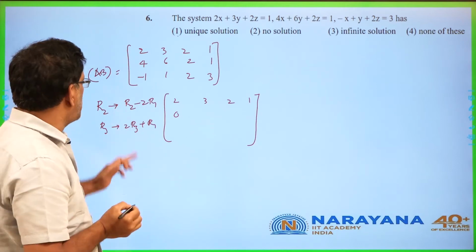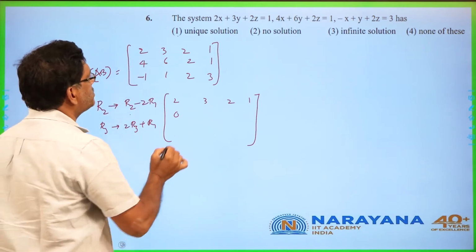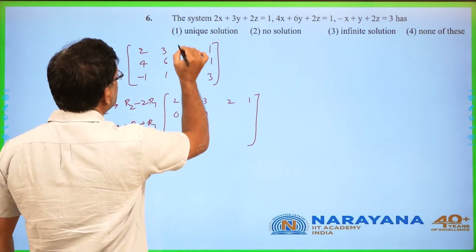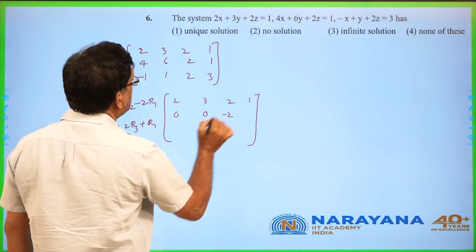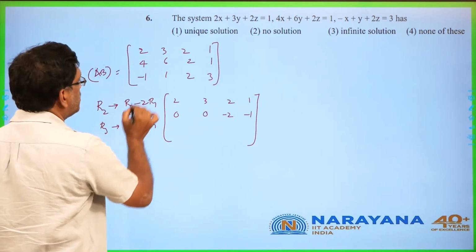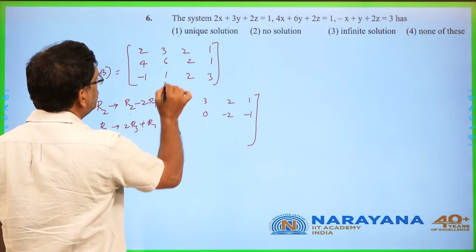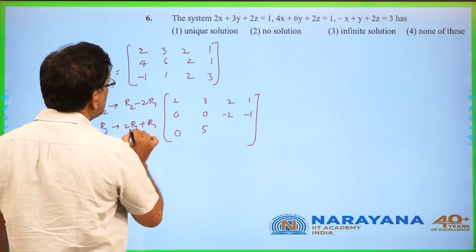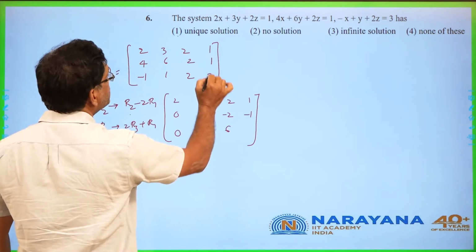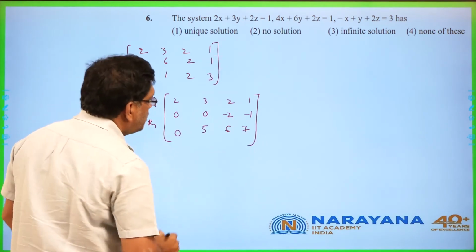These operations we are doing. This is 6 minus 6, 0. And 2 minus 4 minus 2, and this is 1 minus 2 minus 1. Here minus 2 plus 2 is 0, 2 plus 3 is 5, and this is 4 plus 2, 6, and this is 6 plus 1, 7, right?